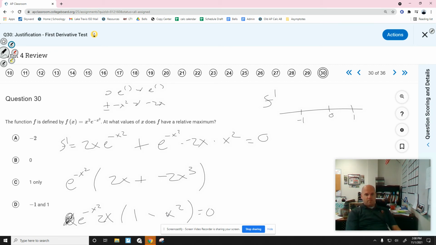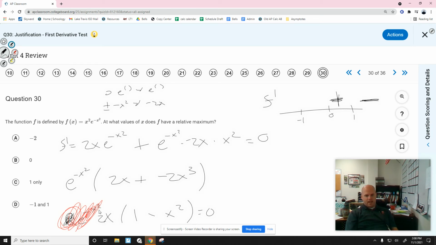Now, when do we have a relative max? Let's check our signs. I'm just going to ignore the exponential, since it's positive. So I have 2x times 1 minus x squared. If I plug in 2, positive, this will be a negative. If I plug in a half, positive, and 1 minus a half squared is less than 1, so that's positive.